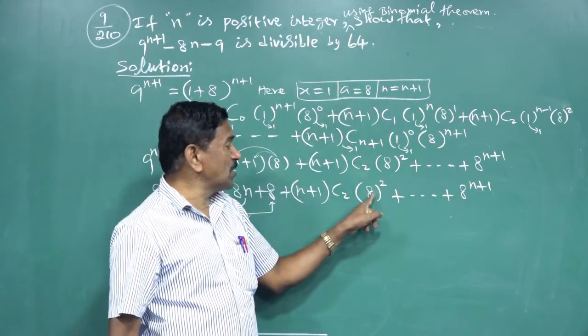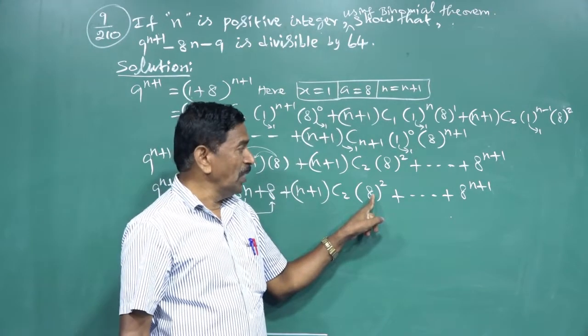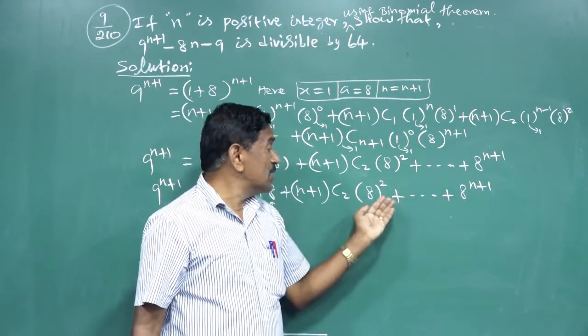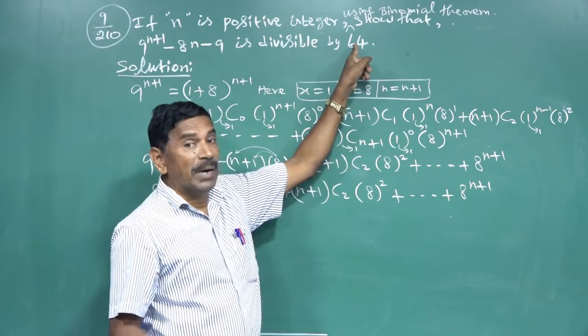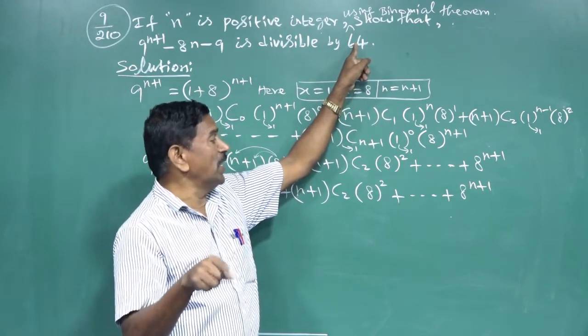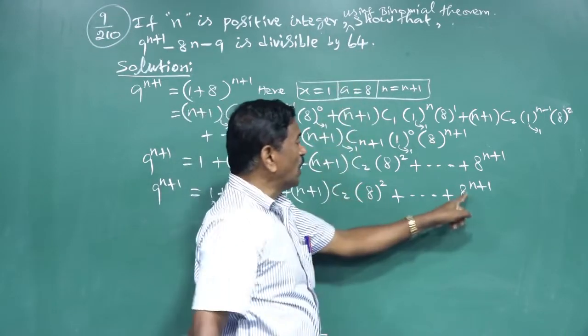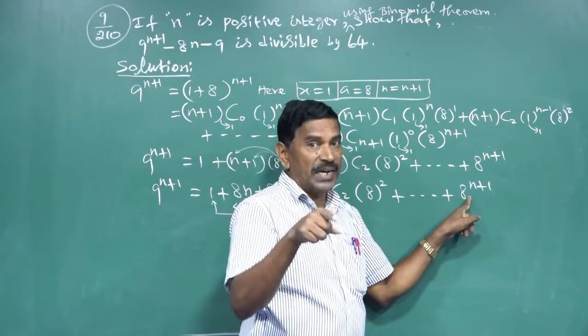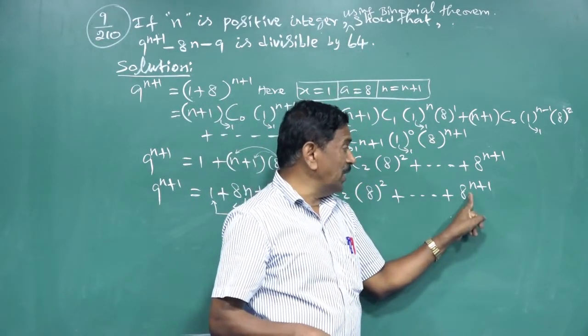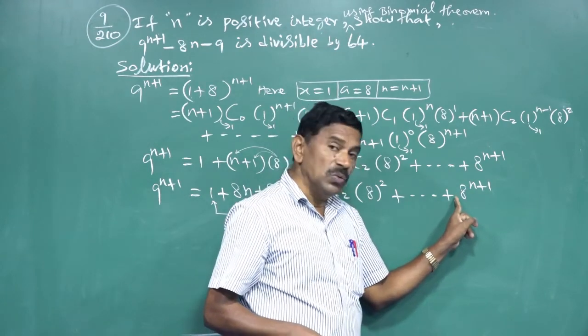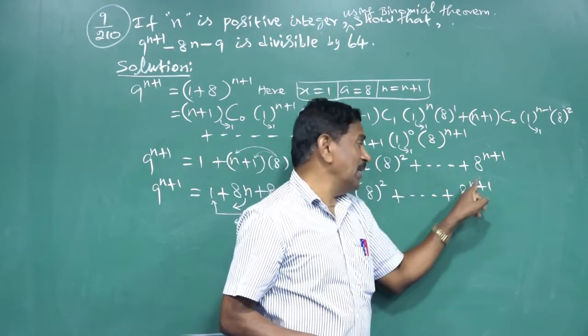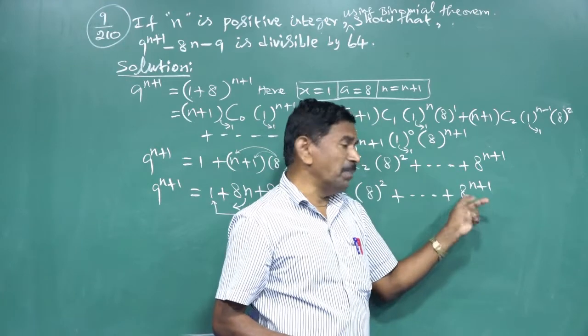So 8 square equal to 64, no problem. Now the last term I want to write in the form of 8 square. So this can be rewritten as 8 square into 8 power n minus 1. If you have a doubt, simplify, you will get the answer.